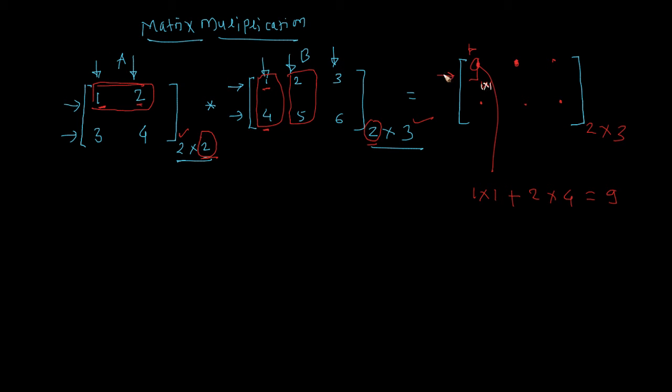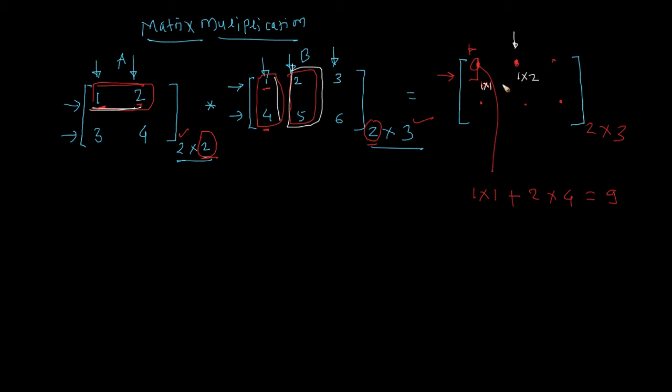That means it is in the first row and first column, and you got it by multiplying the first row here with the first column here. So this is called 1 cross 2. First row, second column. This is column 2, and you get it by multiplying the first row here with the second column here, right? So let's multiply the first row with the second column here.